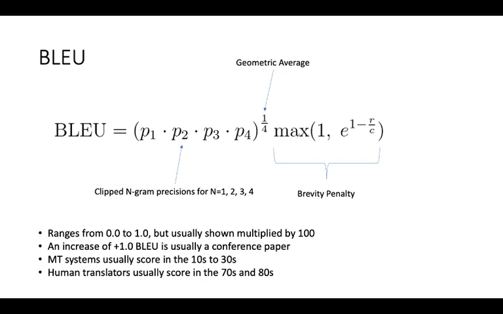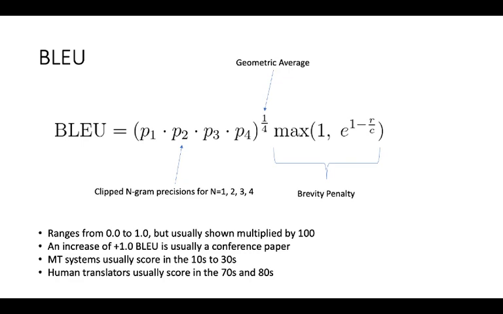But this metric is really difficult to improve. Usually, one BLEU point can be a conference paper, or some people try really hard to tune the model to improve just one BLEU point.